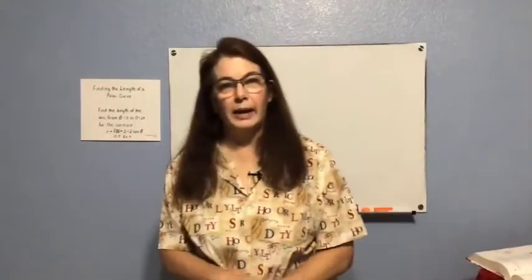Now we're going to go back and work another problem that we worked in Chapter 7, and that's finding arc length. In addition, we'll also be finding the surface area when we rotate a shape around an axis.